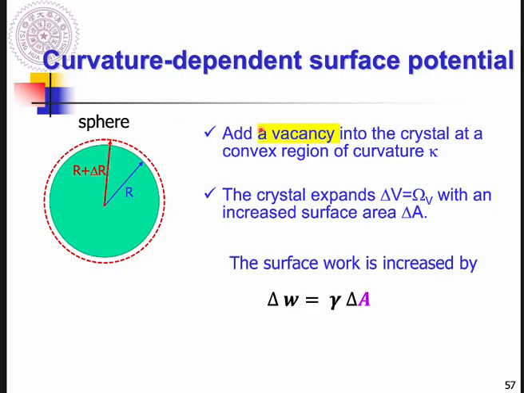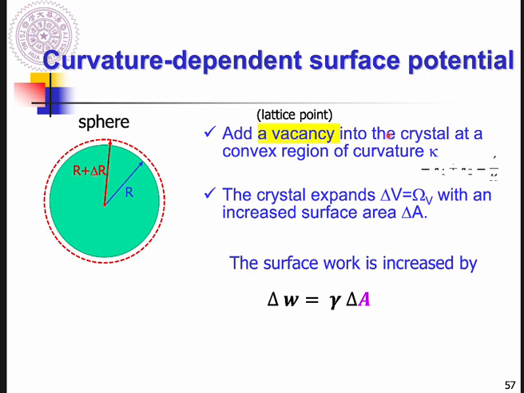It's difficult to imagine that, so probably you can think that I add a lattice point on the surface of the sphere. And that will increase the radius of the sphere by delta r.